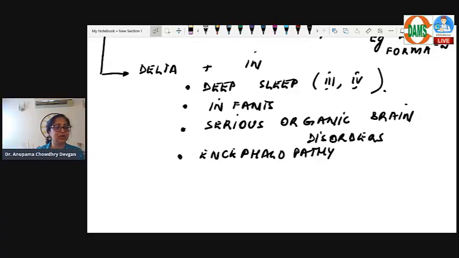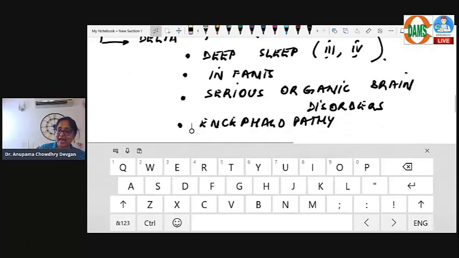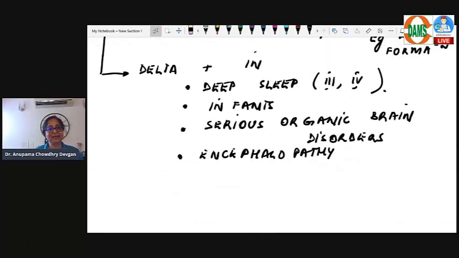These are normally recorded in deep sleep and in infants, also in serious organic brain disorders and in encephalopathies. This is delta: low frequency and high amplitude. These are very easy to pick up on EEG. They are the tallest waves and the widest waves.